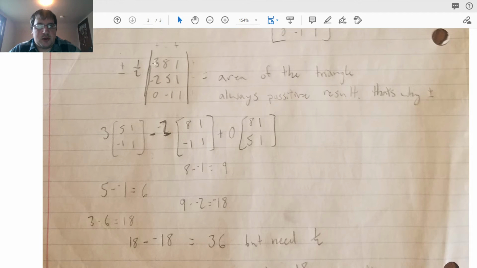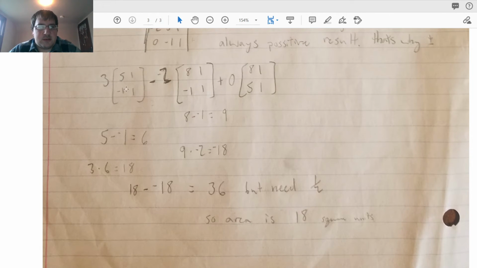You remove the row and the column that the -2 is in, leaving us with the 8, 1, -1, and 1. So you multiply the determinant of that matrix by the -2. And then lastly, we'd have this 0, remove the row and column, giving us the 8, 1, 5, 1. But it's going to be multiplied by 0, so we know right away that this value is going to be 0.